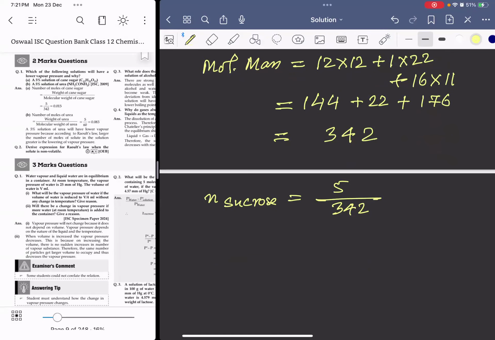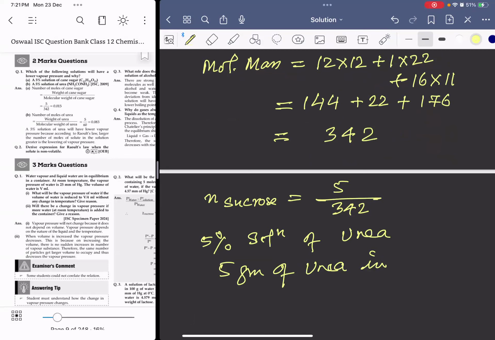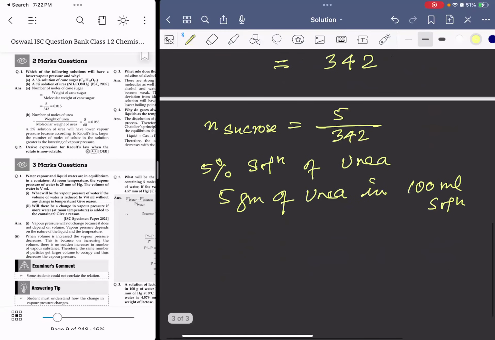Now we have a 5% solution of urea, which means there are 5 grams of urea in 100 ml of solution. That's the meaning of 5%. So if you have 5 grams, how many moles are there? Find out the number of moles of urea.